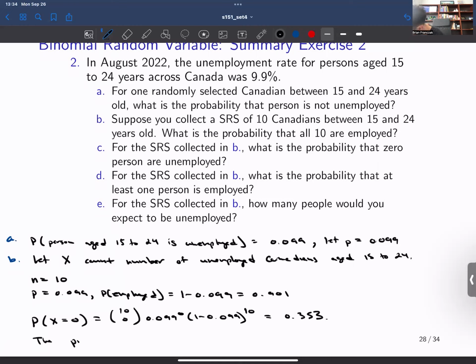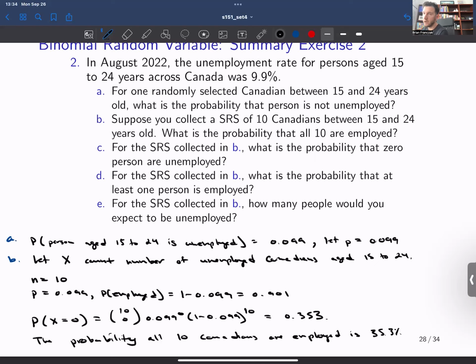So the probability all 10 Canadians are employed is 35.3%. Now, the other way you could do it is you can flip the problem. I have the probability they're employed, which is 0.901.